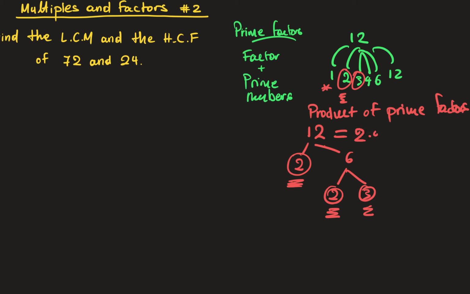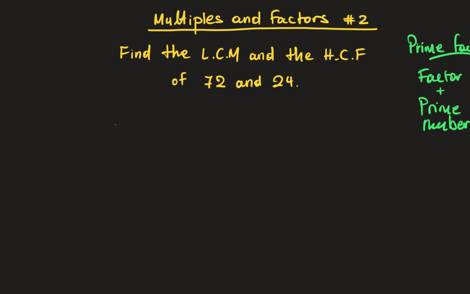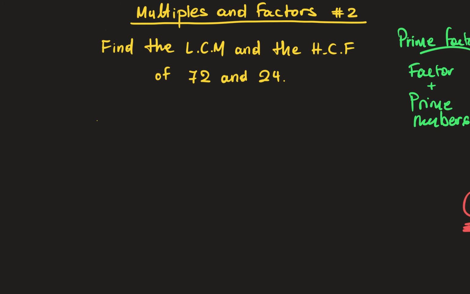So 2 times 2 and then times 3, or if you want to use exponent form, then that's going to become 2 to the power of 2 times 3. And that's the product of the prime factors of number 12, right? It has 6 factors altogether, but only 2 of them are prime. And the way you can write 12 as a product of its prime factors is 2 times 2 times 3.